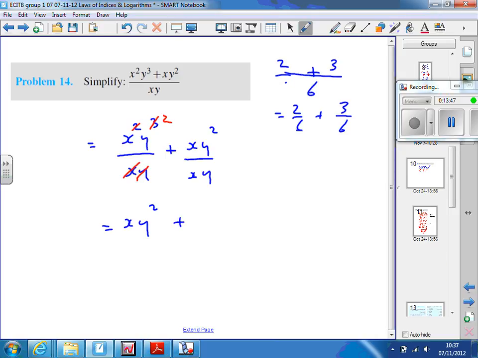What can I cancel out in this next one? I can take the x off. X is cancelled, effectively. And this y cancels with one of the y's, so I can get rid of the squared, leaving just y. So this becomes xy squared plus y.